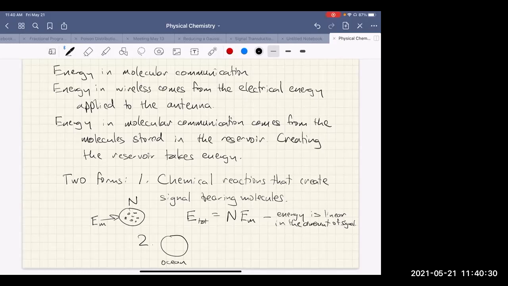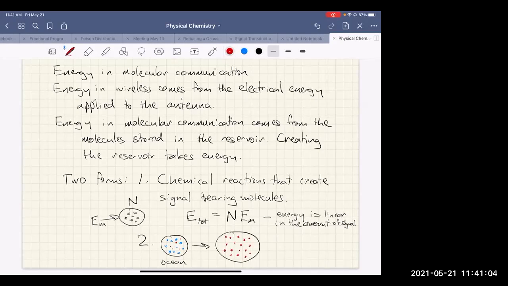What I can do is start with seawater, which is salty. Let's use the color blue for water molecules here, and the color red for salt molecules, of which there are a few. I'm going to create a reservoir like this. I'm going to pull as many salt molecules as I can and as few water molecules as I can, and create a reservoir that's mostly salt.